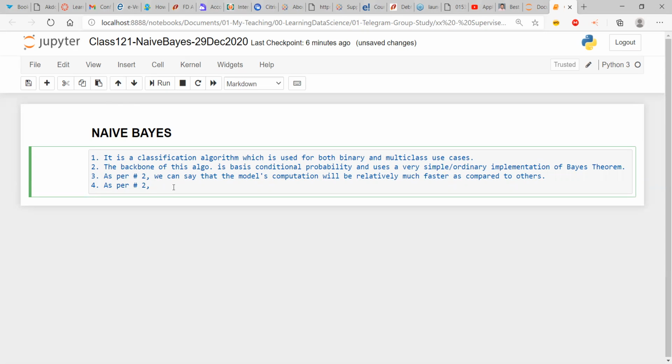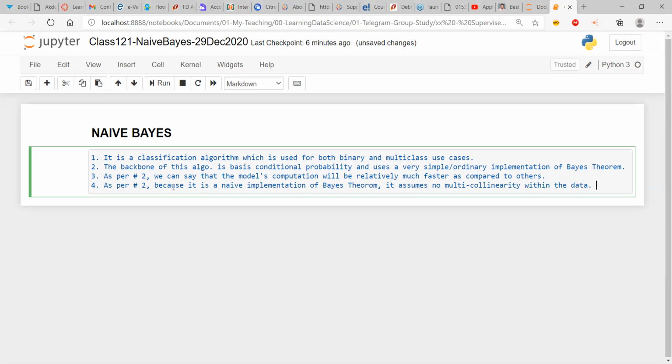As per point number 2, because it is a naive implementation of Bayes' theorem, it assumes no multicollinearity within the data.